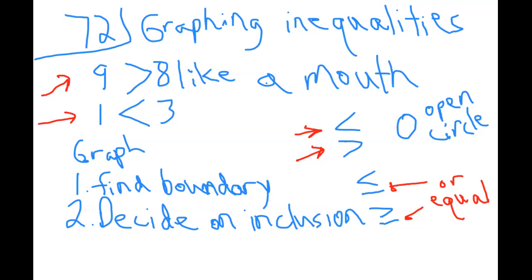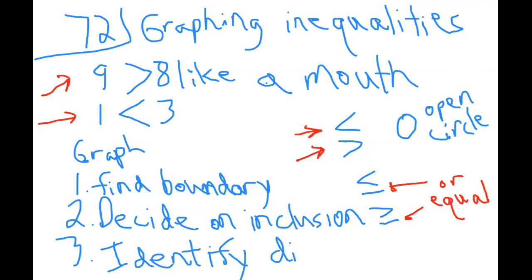Now, if I use these inequalities with the lines under them, I'd say less than or equal to, or I'd say greater than or equal to. All right, so then if I'm going to look at my third step here, my third step is then just to identify the direction.